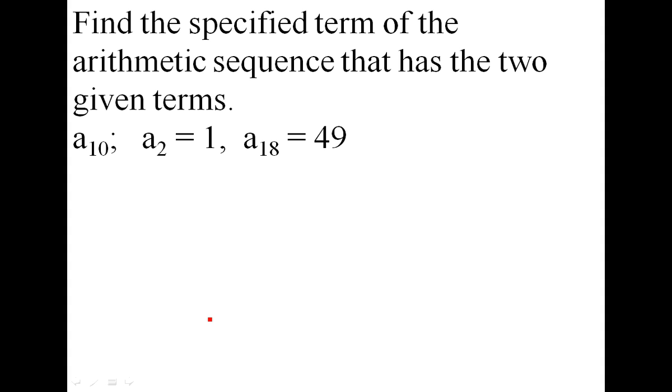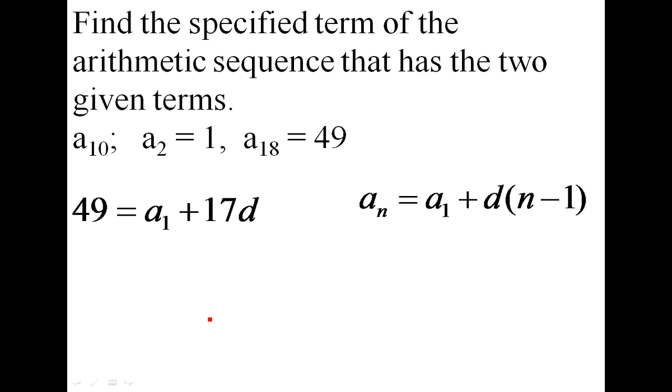Some people take 49 minus 1 and get 48. They're 16 apart. Therefore, the difference is 3. You can do that. Or you can just set up 2 equations. If the 18th term is 49, well, that means that you have 49 equals A1 plus 17D. It is 18.